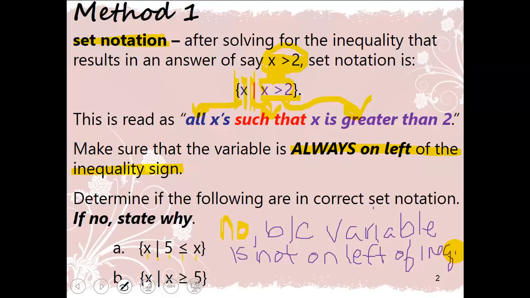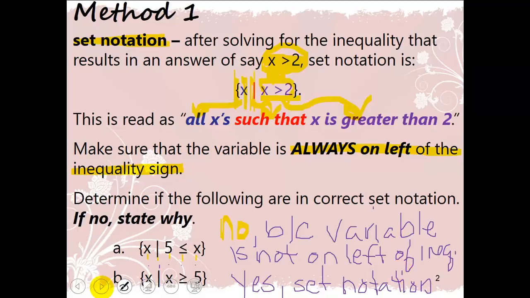B reads all x's such that x is greater than or equal to 5. This one is in set notation. So be thinking about, in this day and age, why would this be important to write things in the correct form?